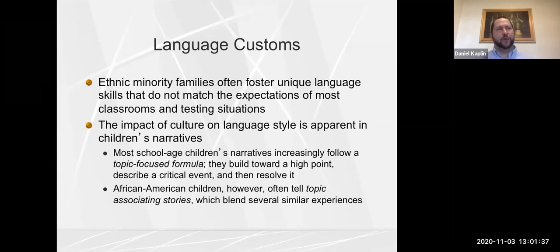So instead of building one story, one story could lead to a second story with the same or similar experience, which could lead to a third story with the same or similar experience. So, what does that do? It's a difference between depth versus breadth. And these topic focused formulas bias language in favor of the Caucasian majority.